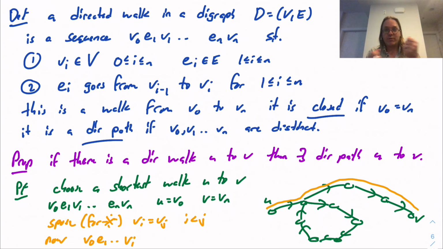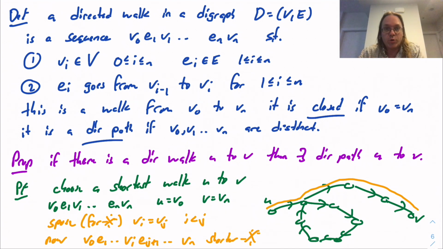So instead of continuing on between Vi and Vj, I'm already at V sub j, and so I can follow along edge E sub j plus 1 from there and keep going until I get to Vn. This is shorter, and that's a contradiction. And I've got the picture right there. So again, this can't happen.